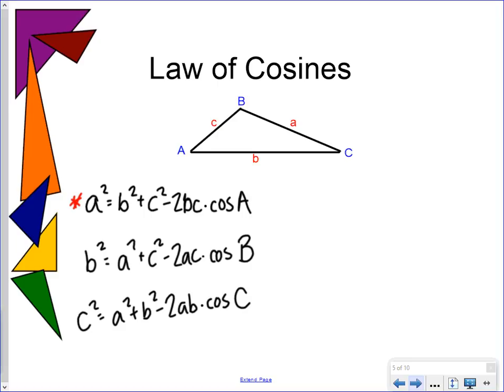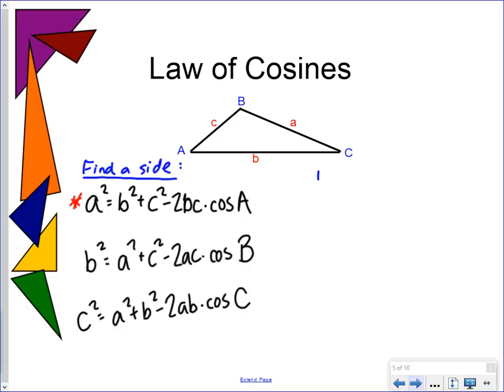Now, this is great, these formulas, if you're trying to find a side. Right? You have a squared equals, b squared equals, c squared equals. You do all that work on the other side, and then you're going to have to square root both sides, and you'll have your side length. Okay, so those formulas work really great if you want to find a side.